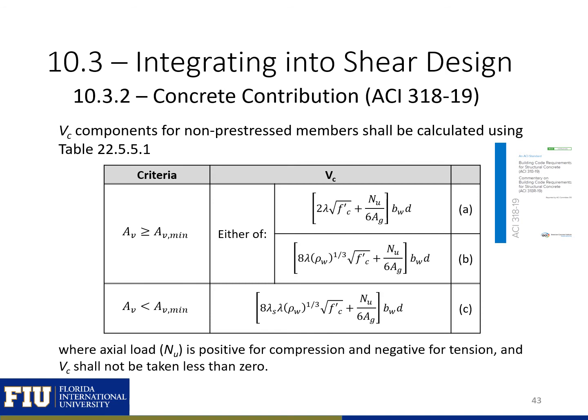Also note that Vc shall not be taken less than 0. So if you have axial tension, that'll decrease the effectiveness of our concrete to resist shear, but you shouldn't take Vc to be less than 0.